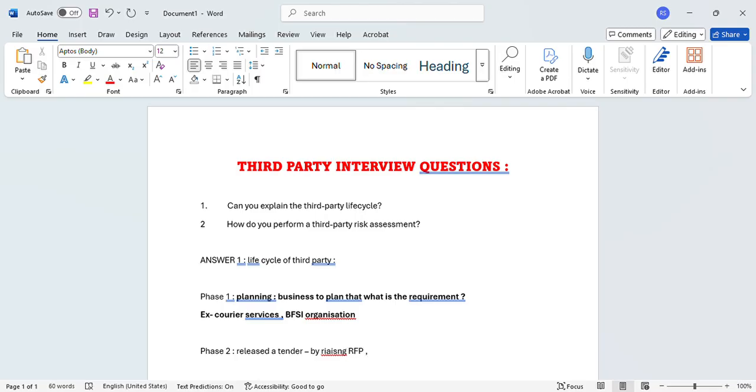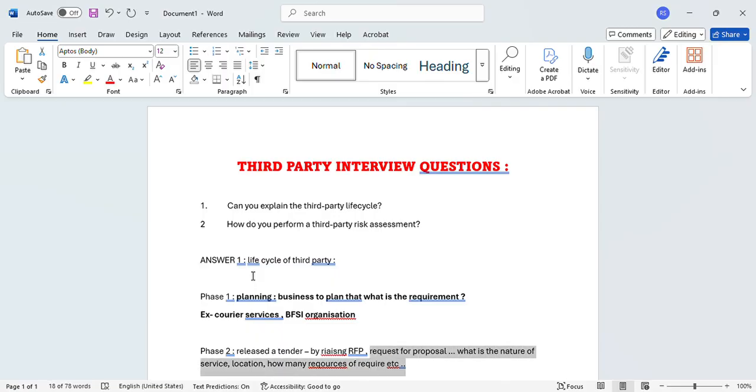RFP is a request for proposal, where all the details and requirements are mentioned, like what is the nature of service, what are the locations, how many resources you require, etc. All these details should be mentioned in the RFP. So this is phase number 2.